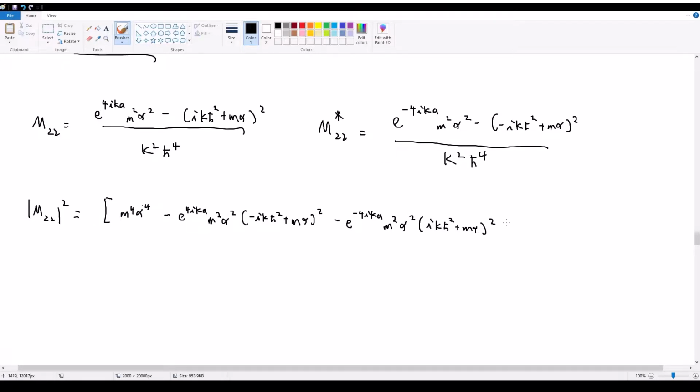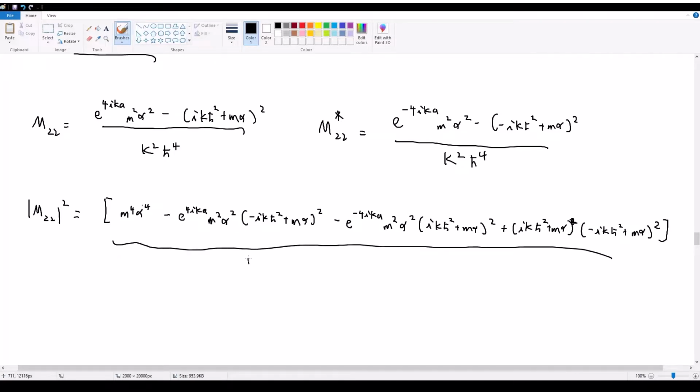And then the final term is going to be plus ik h bar squared plus m alpha squared times minus ik h bar squared plus m alpha squared. And this whole thing is then divided by, thankfully the denominator is simple, k fourth h bar eighth.